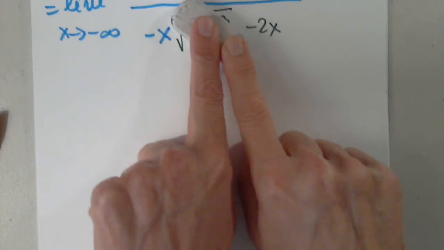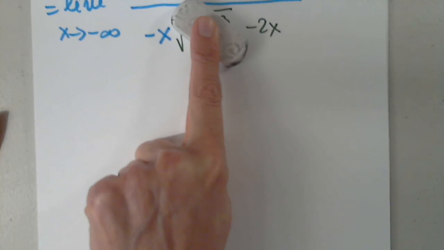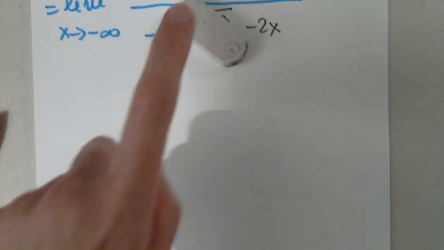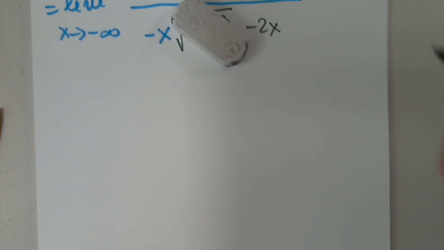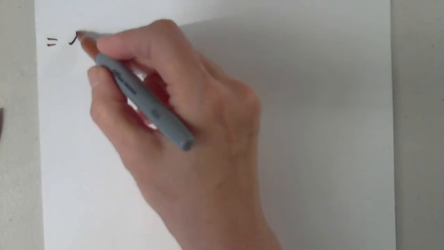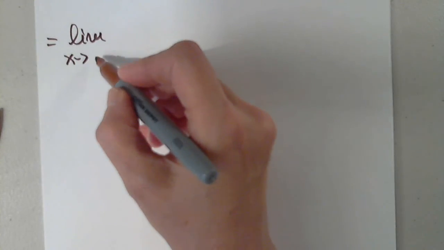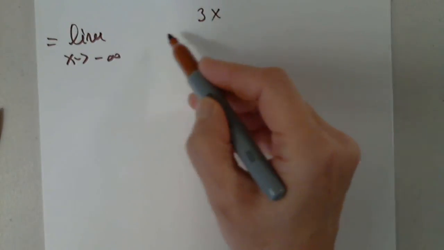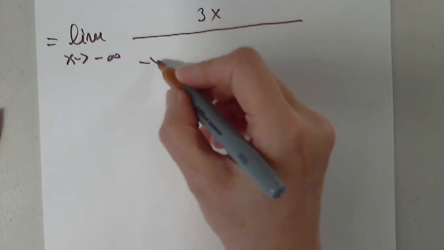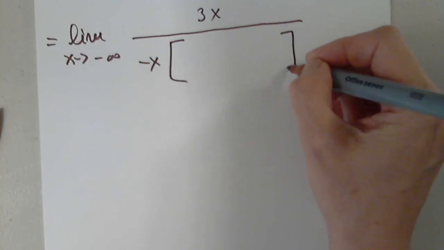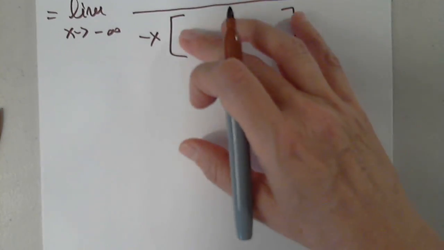Don't look at this one. What will you factor out from these two terms? That's negative x, indeed. So 3x at the top, negative x at the bottom. So now make it happen.